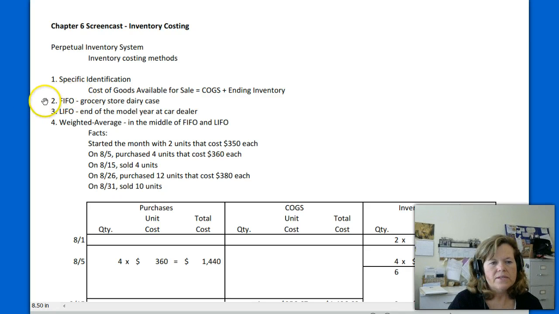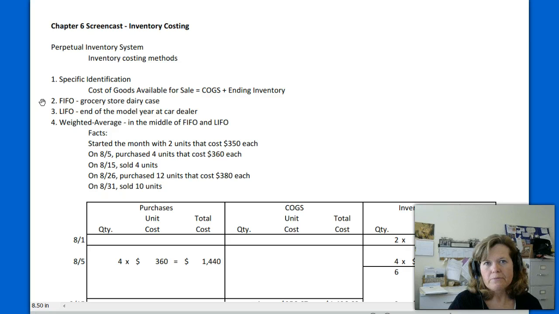Okay. The second method I've got listed here is FIFO, and that stands for first in, first out. And an example I like to use for that, think of the dairy case at the grocery store. When you go to buy some milk or another dairy related item, the store is going to put the oldest items in the front so that they get purchased and they minimize spoilage.